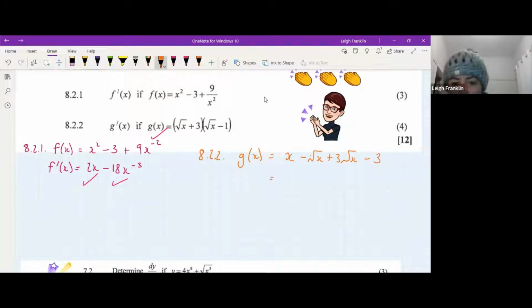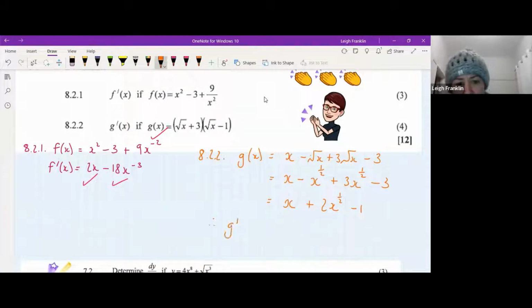Now I'm going to get rid of my radicals. So minus x to the power of 1 over 2 plus 3x to the power of 1 over 2 minus 3. These two are like terms in the middle, so we can combine them into one term. That gives us x plus 2x to the 1 over 2 minus 3.